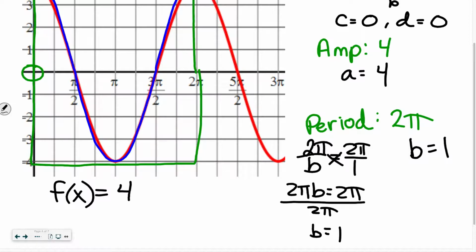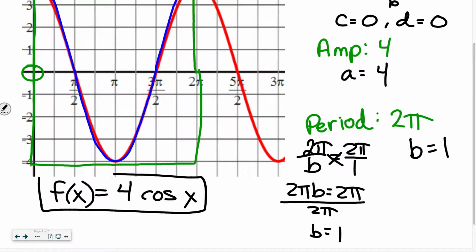Well, that's for cosine. It's going to be 1x minus 0, which is really just x, and then plus 0. I don't need to write that. So there's my equation. Okay. Anybody got any questions about what I did right there?